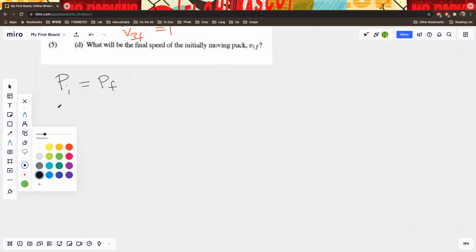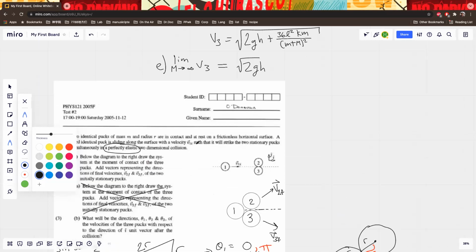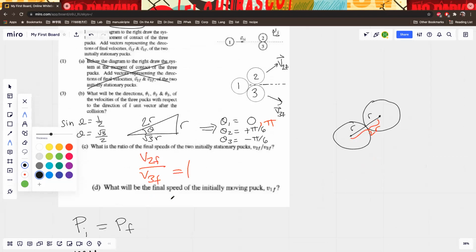Okay, and so PI is just equal to the mass of the initial puck times V1I. That's what they gave us. V1I was the velocity of the initial puck.